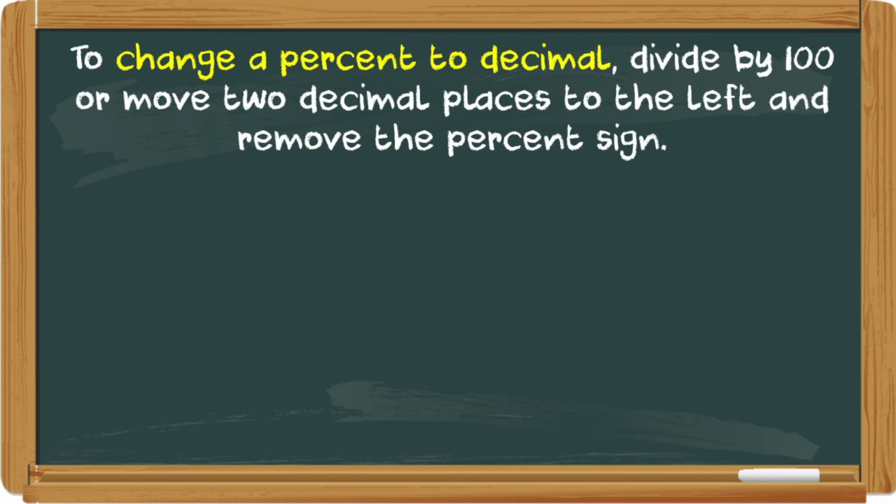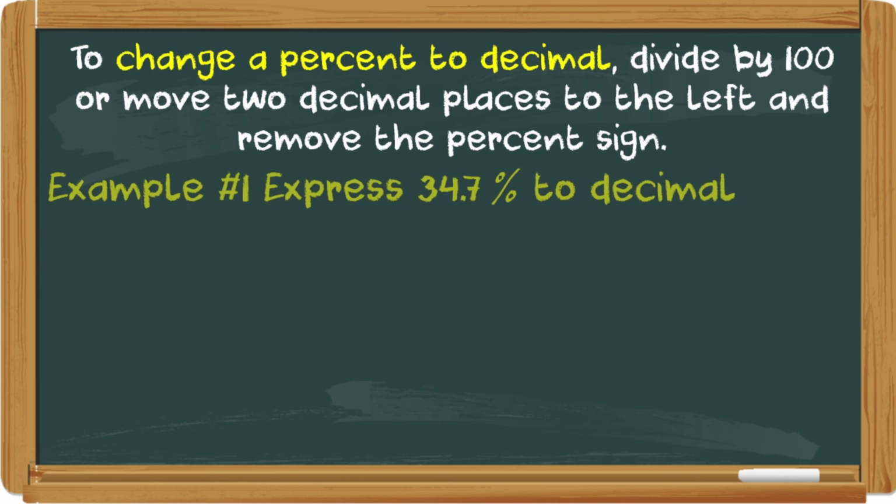To change a percent to decimal, we can use any of these two methods. The first one is to divide the percent by 100, or the second one is to move two decimal places to the left and remove the percent sign. So let's have this example. Express 34.7% to decimal.